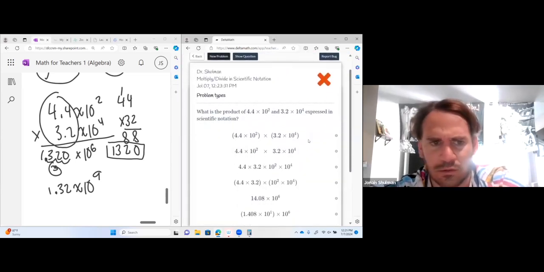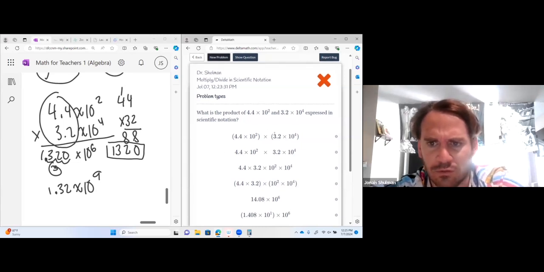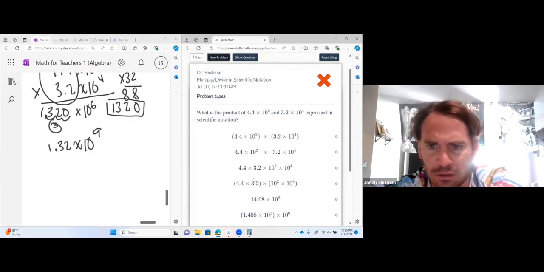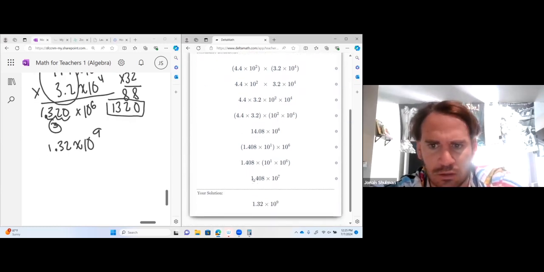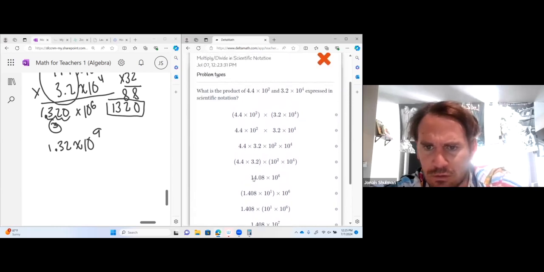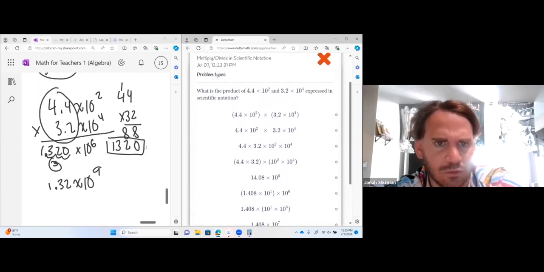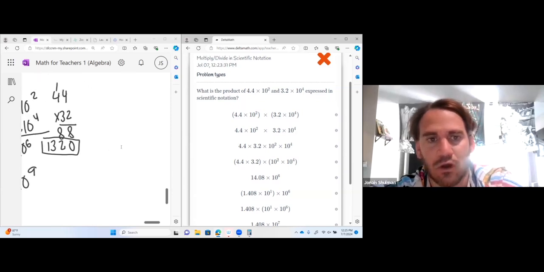Oh, did I multiply it wrong? Oh my God, I multiplied wrong. 4.4 times 3.2. Oh, I didn't move the decimal in the answer and I got it wrong. Oh, that's annoying.